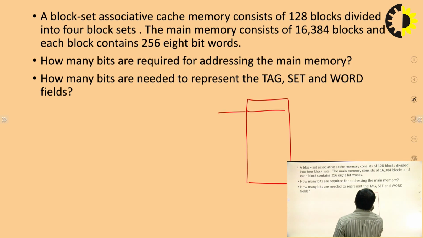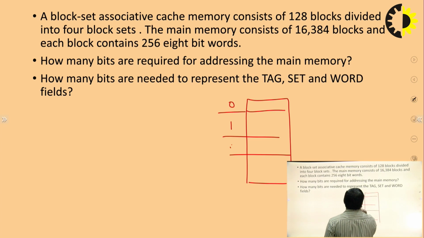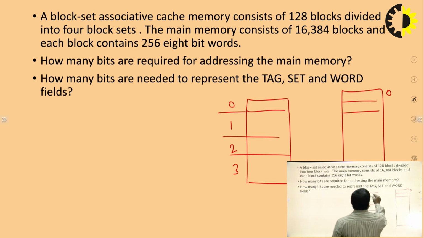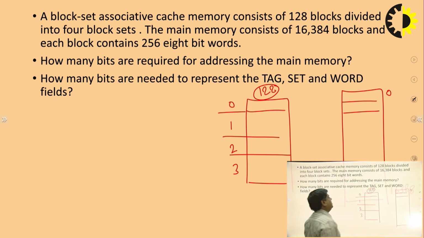How many sets are there? 4 sets: set 0, 1, 2 and 3. And how many blocks are available in the main memory? That is 16384 blocks, and 128 blocks can be accumulated in each set.